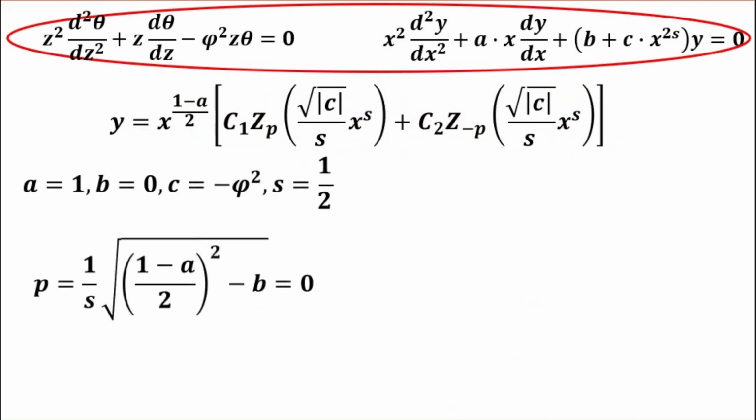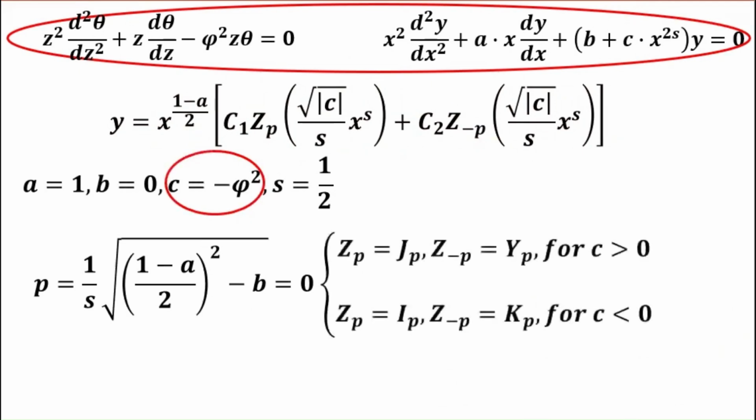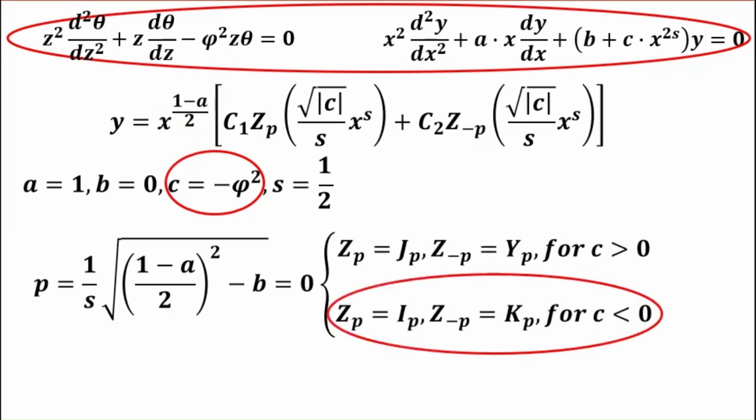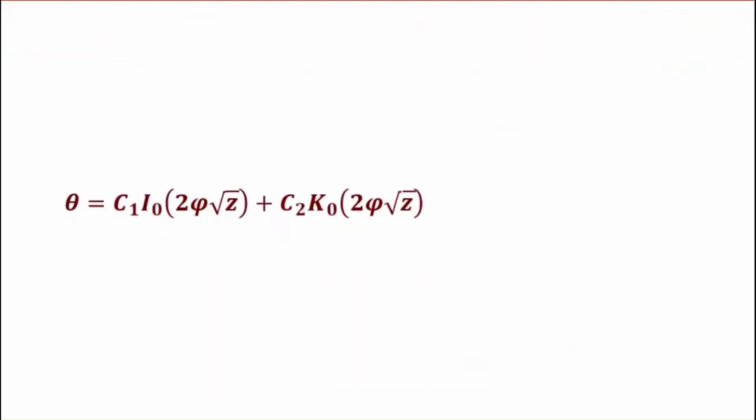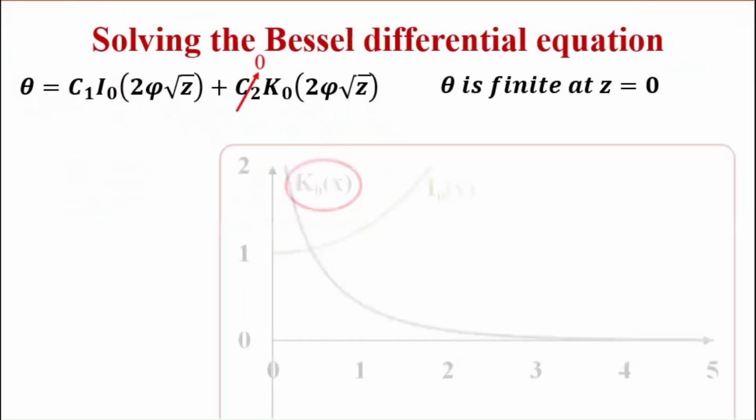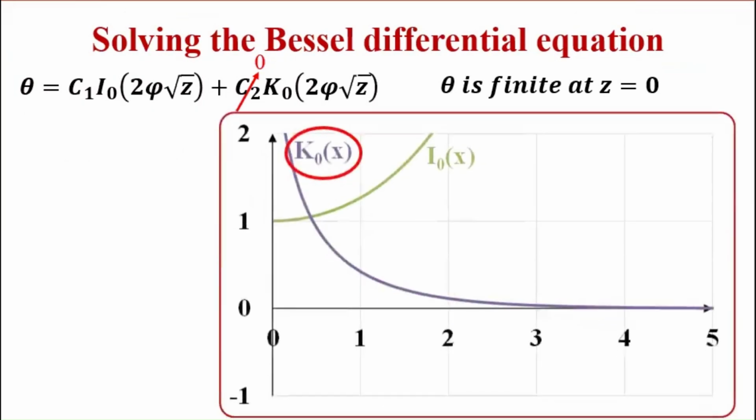Since p is 0 and the coefficient c is negative, the general solution of the differential equation is a linear combination of two modified Bessel functions of order 0, namely I0 of the first kind and K0 of the second kind. Because the value of the temperature at the tip of the fin is finite, the coefficient multiplying K0 must be 0, as K0 is not defined at the origin, as evident from its graph.